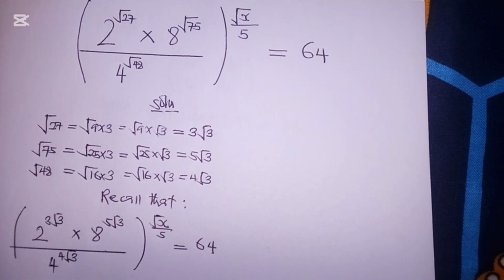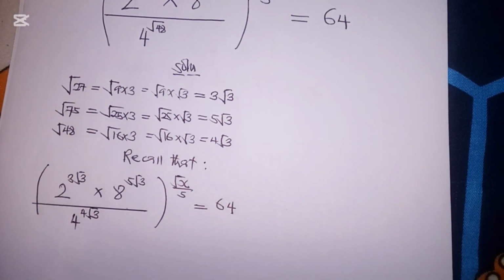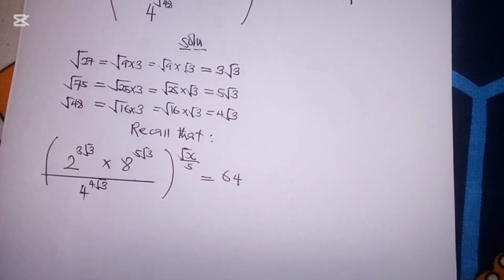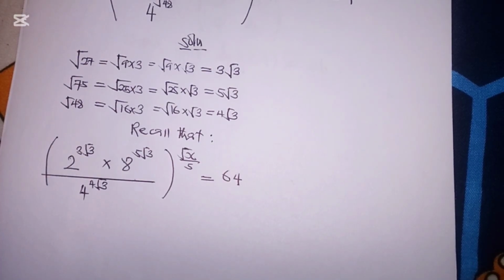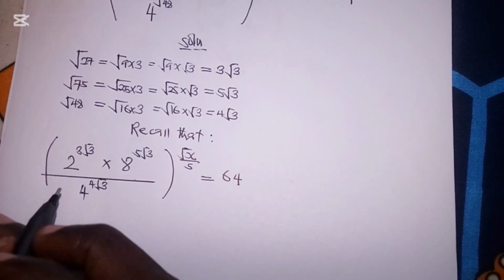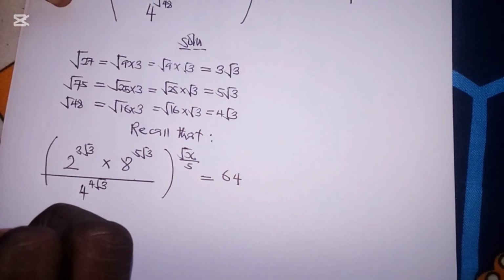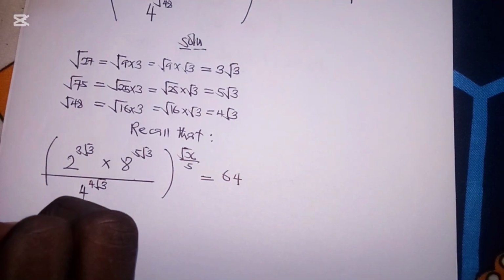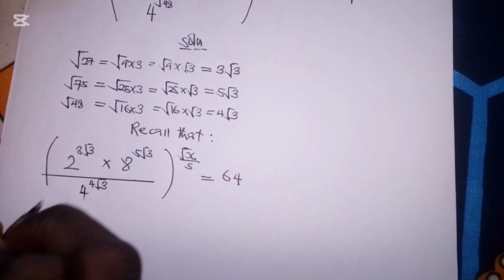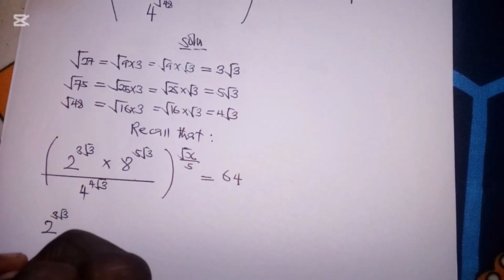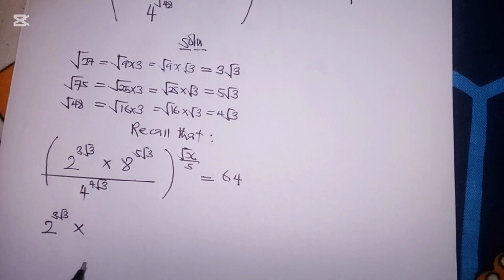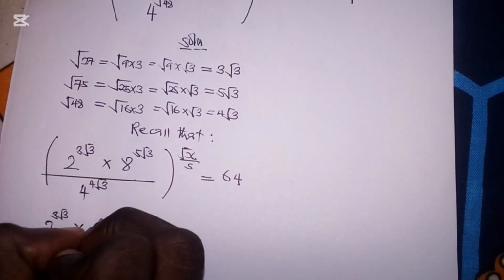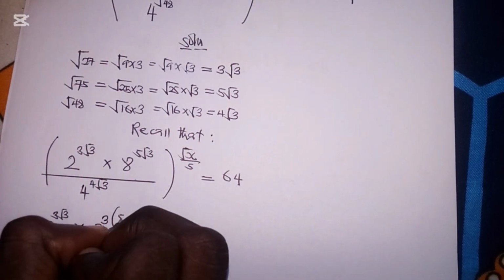Now it continues. Let's apply indices also. Let's express this 8, this 4, and this 64 in index form. This is 2 raised to the power 3 root 3, which has already been expressed, multiplying by 8, and we can express 8 in index form as 2 raised to the power 3 into 5 root 3.